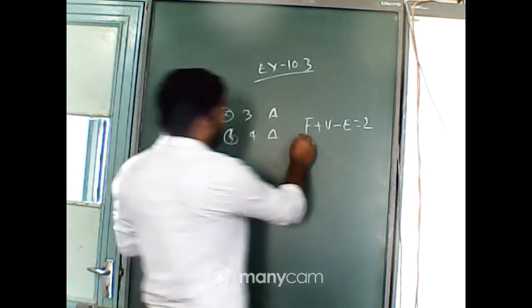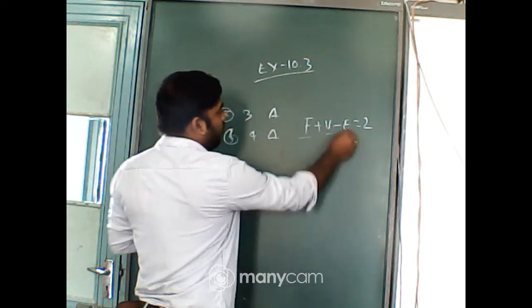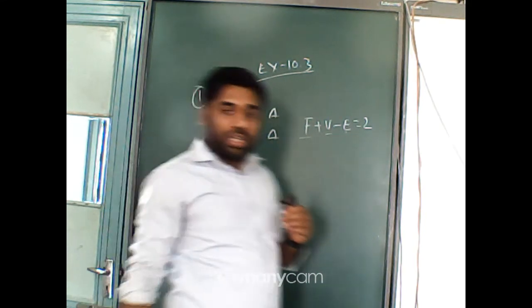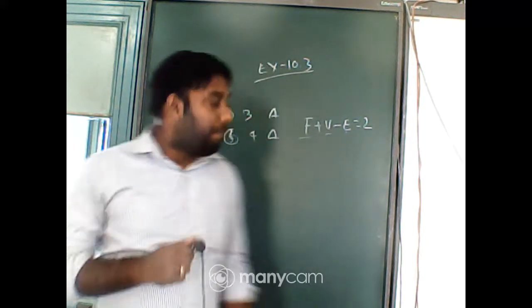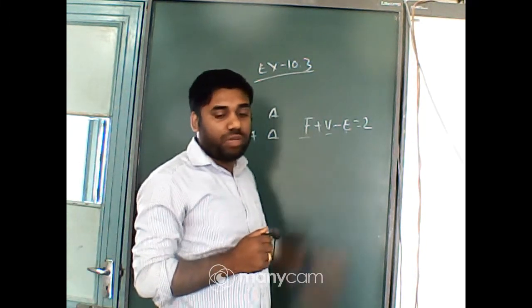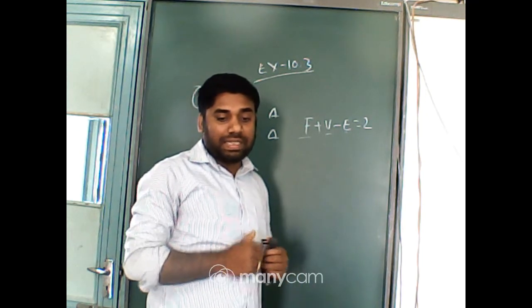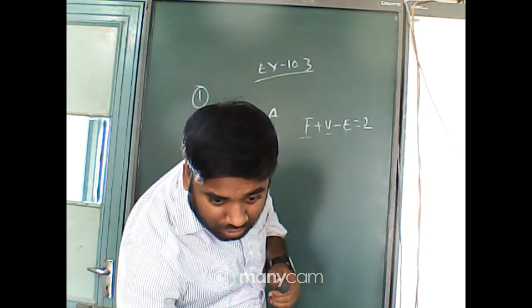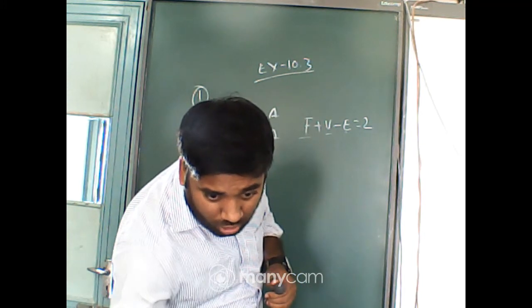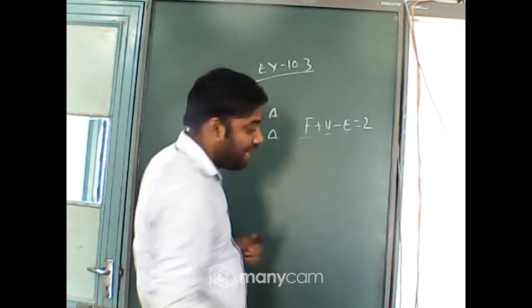F for faces, V for vertices, E for edges. So every polyhedron should satisfy that formula, F plus V minus E equal to 2. Using that formula, you need to solve question number 7 of that exercise.